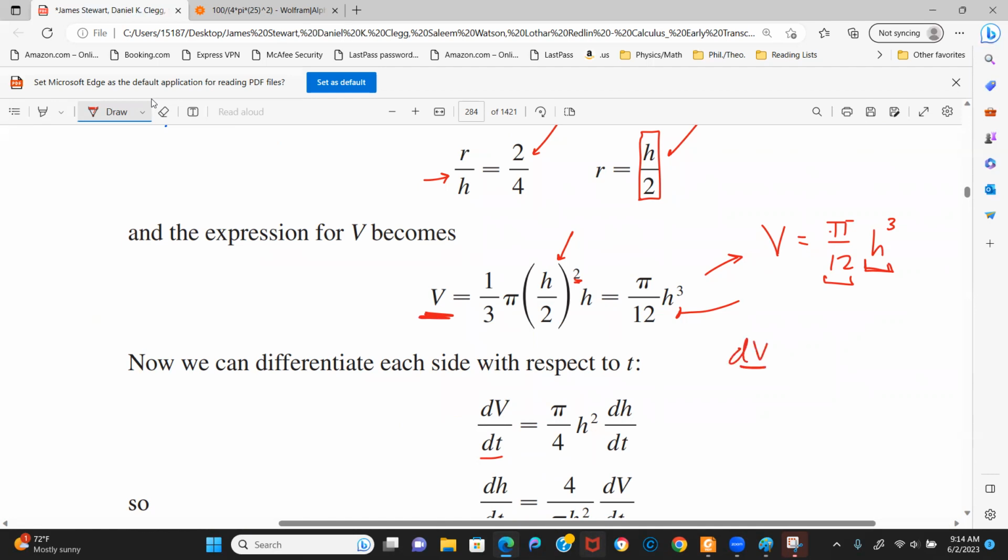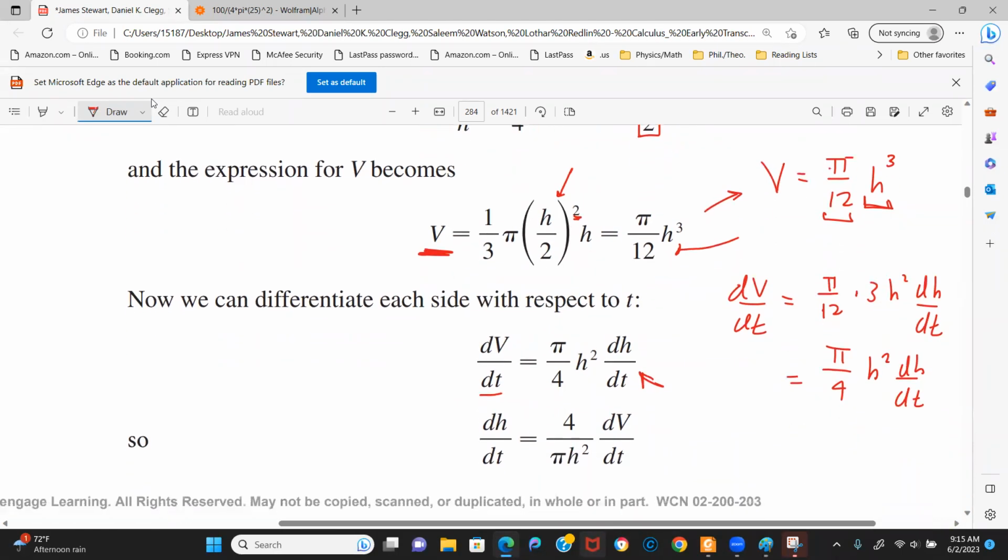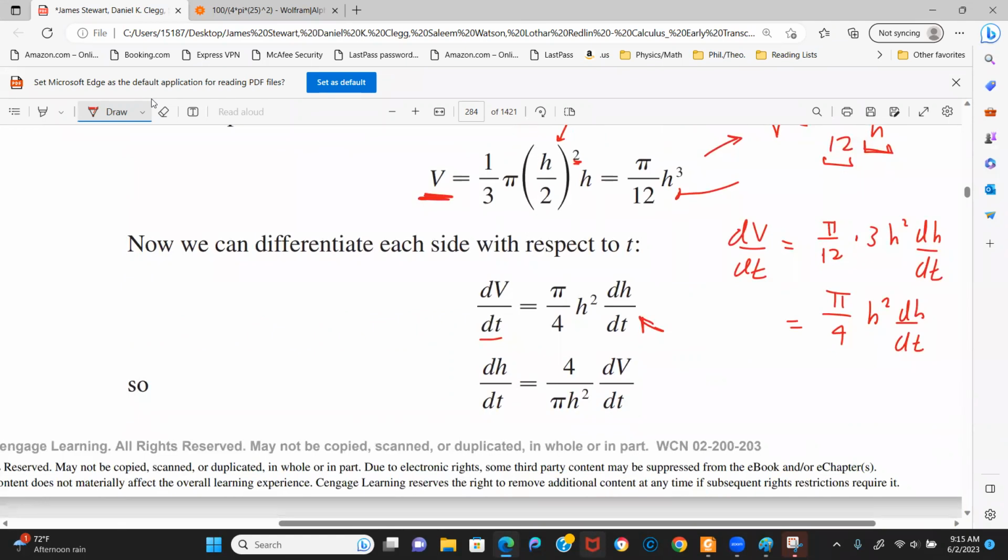Let me do it out, because they leave a step out. That's pi over 12 times 3 h squared dh/dt. The 3 cancels with the 12, so you get pi over 4 h squared dh/dt. That's how they get this line right here. Then you can solve for dh/dt.